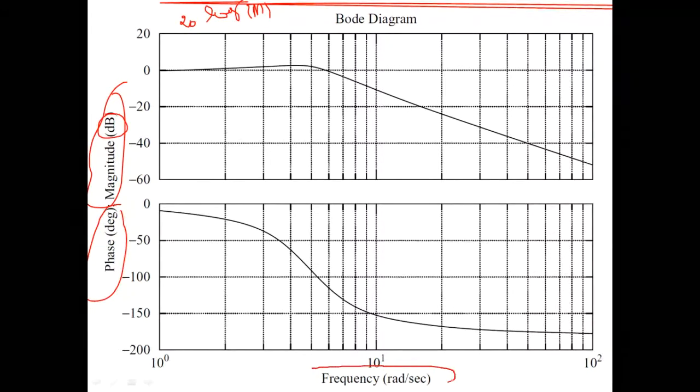Both graphs are plotted versus frequency, and the frequency is in radians per second. Here we use the logarithmic scale, so we start from 10 to the power 0, then 10 to the power 1, and 10 squared.